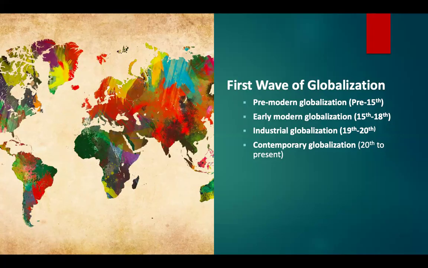And then industrial globalization, 19th to 20th century: the Industrial Revolution, free trade, mass migration, imperialism, and technological progress. And the last one is contemporary globalization, 20th century to present day: the digital revolution, multinational corporations, global finance, and neoliberal policies.